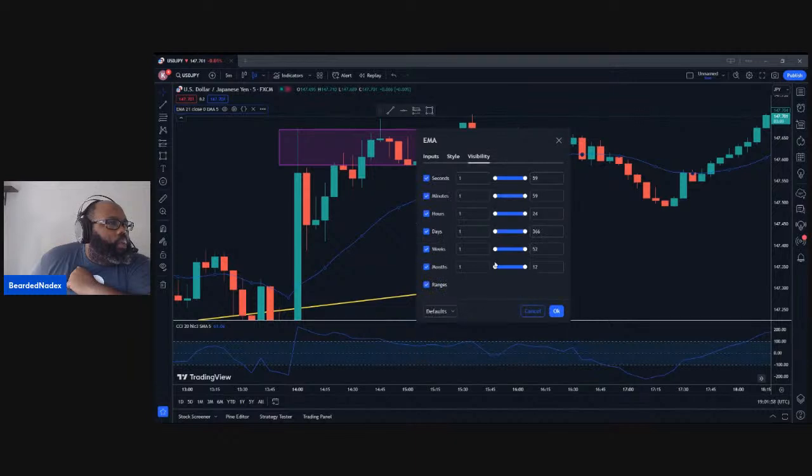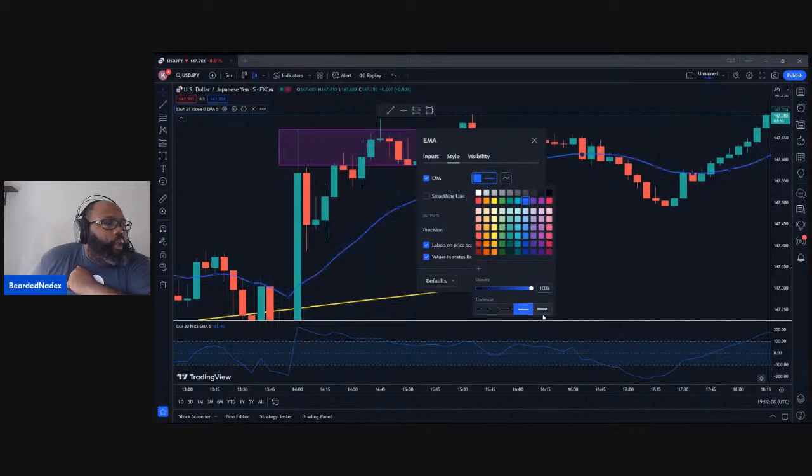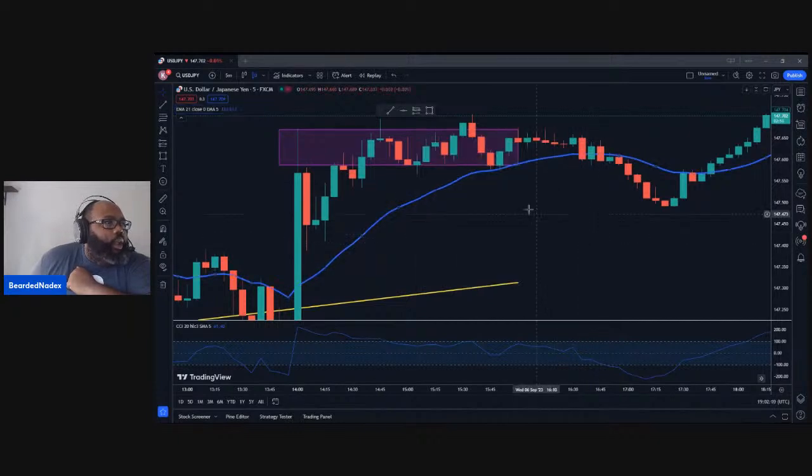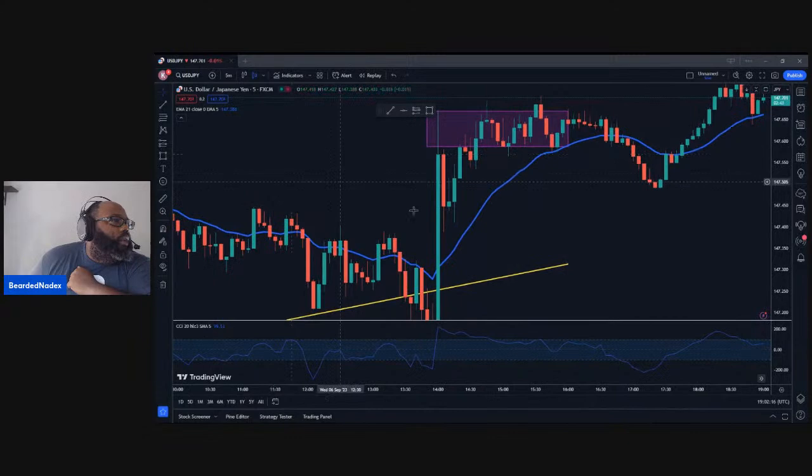Seconds, minutes, days, minutes, ranges. Okay. Where is? Am I tripping? I wanted to change the thickness. Sorry about that, guys. I'm like, what the heck is the thickness? Okay, so it's a 21 EMA, closing 5.